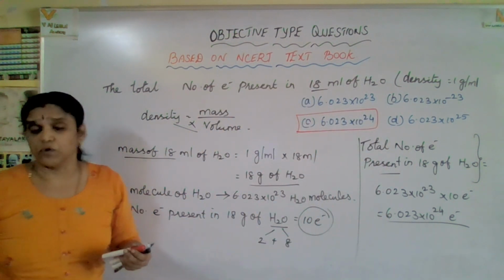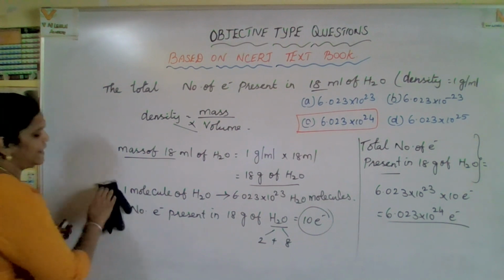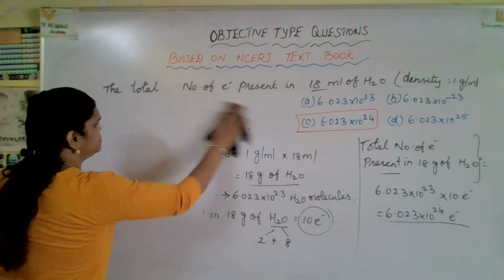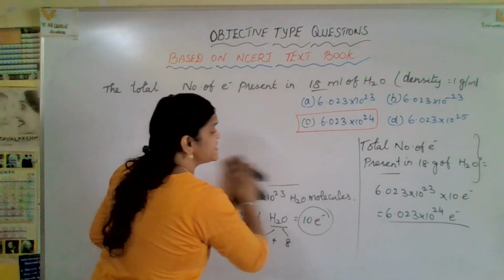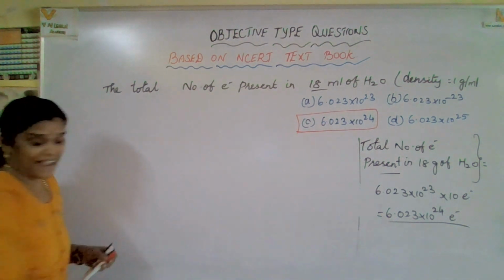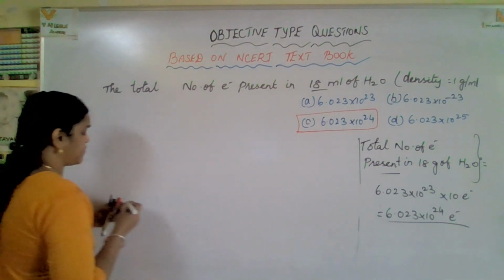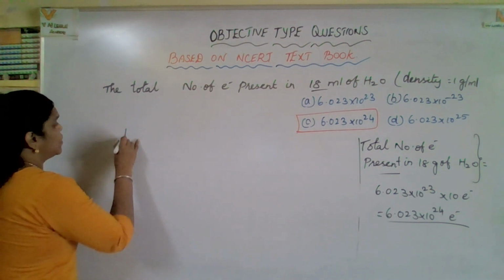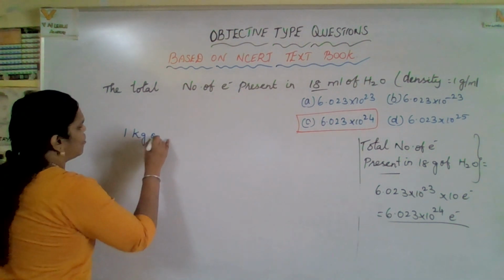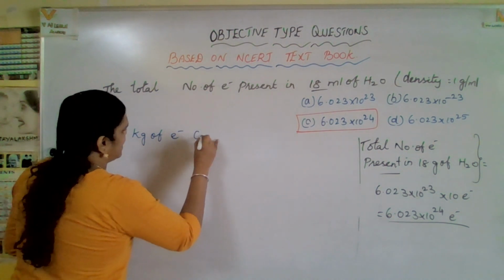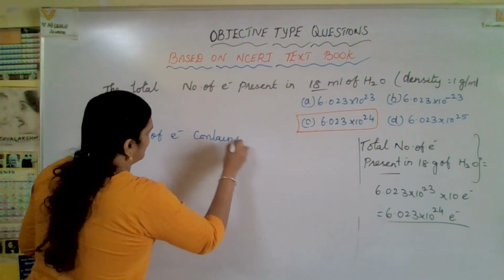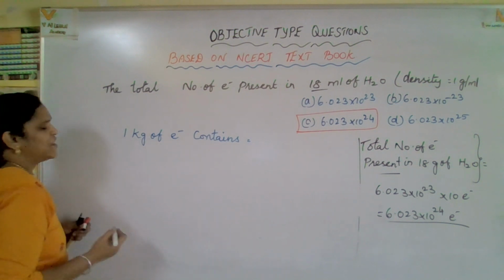Another one more question. Actually, I have gone through some other book material. Let me tell you that point also. I'm giving another one more question. 1 kg of electron contains how many electrons?